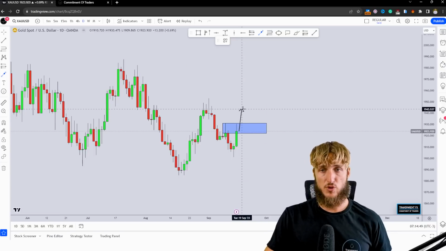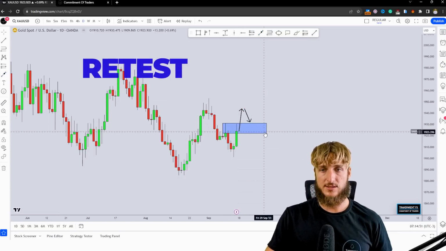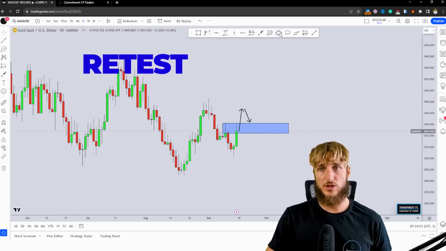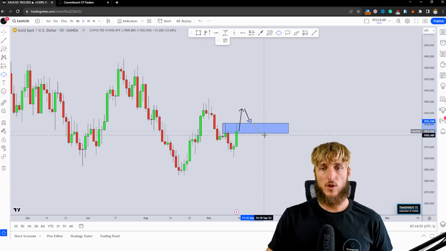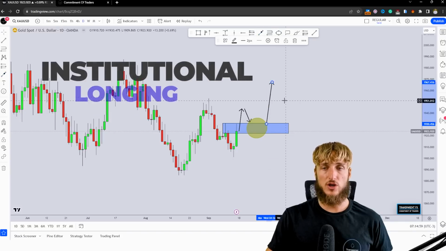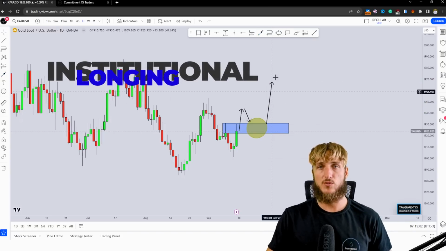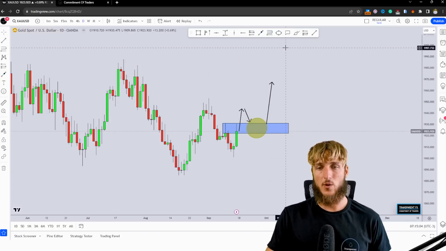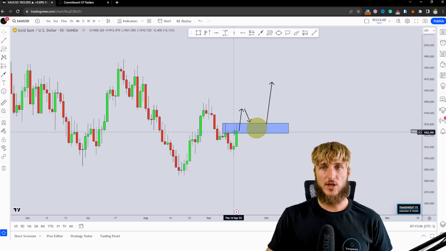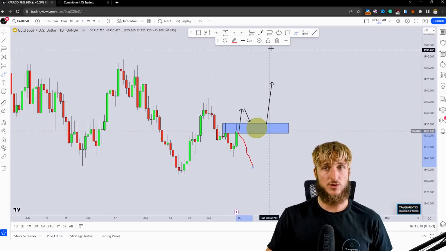So if we get this break, after the break on the retest of the previous resistance turned support, that is where we would have quite good probabilities to see more potential institutional longing, at that point further increasing the probabilities of a move higher away from that zone, because until the market will remain below this resistance, it could easily continue lower.